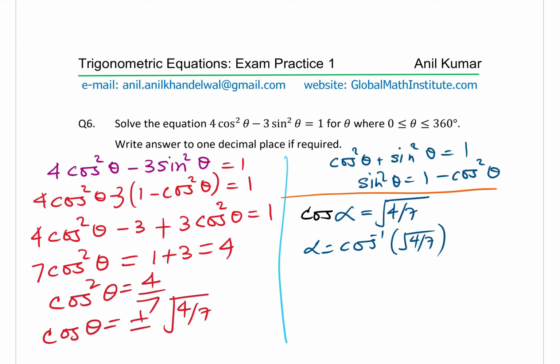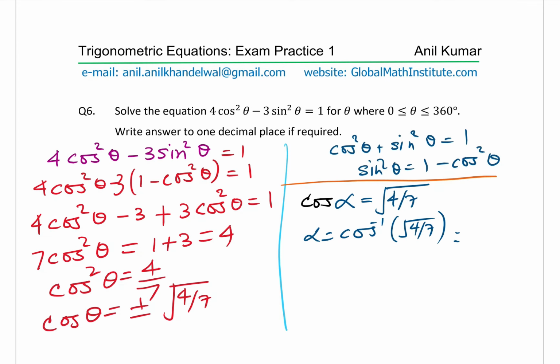So we go shift cos inverse square root 4 divided by 7 is equal to 40.89. So let me write this as 40.9. So that is the acute angle which we have got. And as we understand, there are 4 solutions to this.